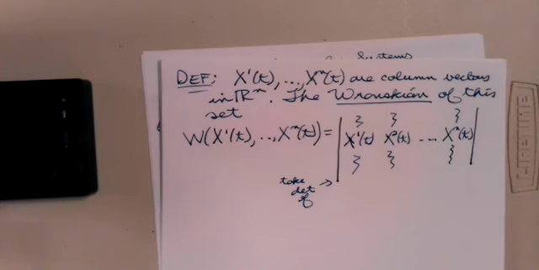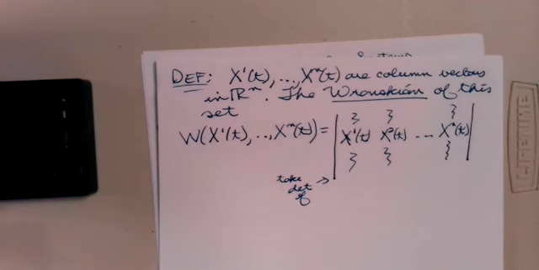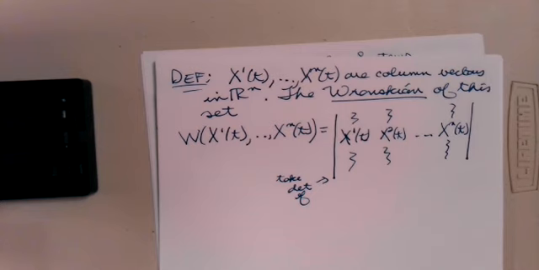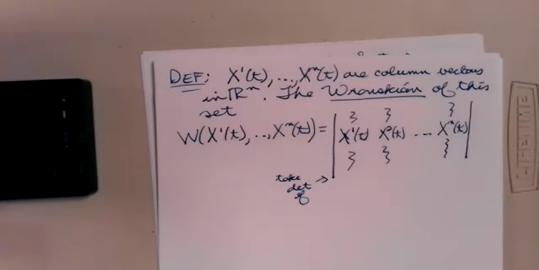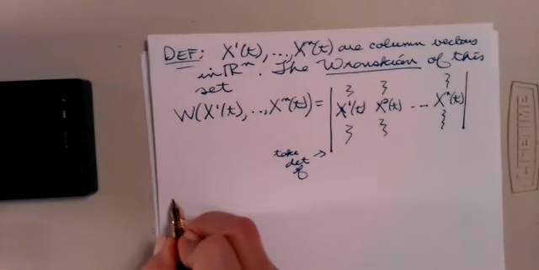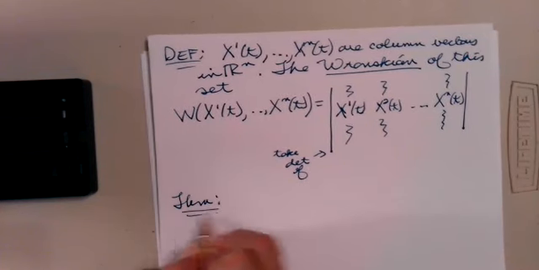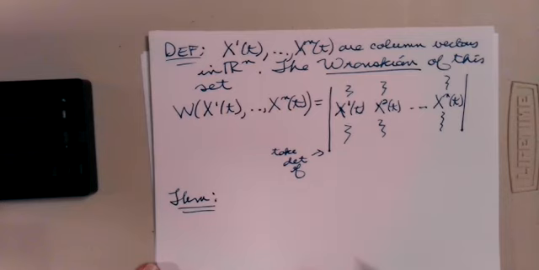All right. And if you think back to what we knew about the Wronskian for second order equations, what did we know? That if you had solutions of a second order equation, the Wronskian was either identically zero, in which case they were linearly dependent solutions, or it was never zero, in which case they were linearly independent solutions. And you have a theorem that works almost exactly the same way here.